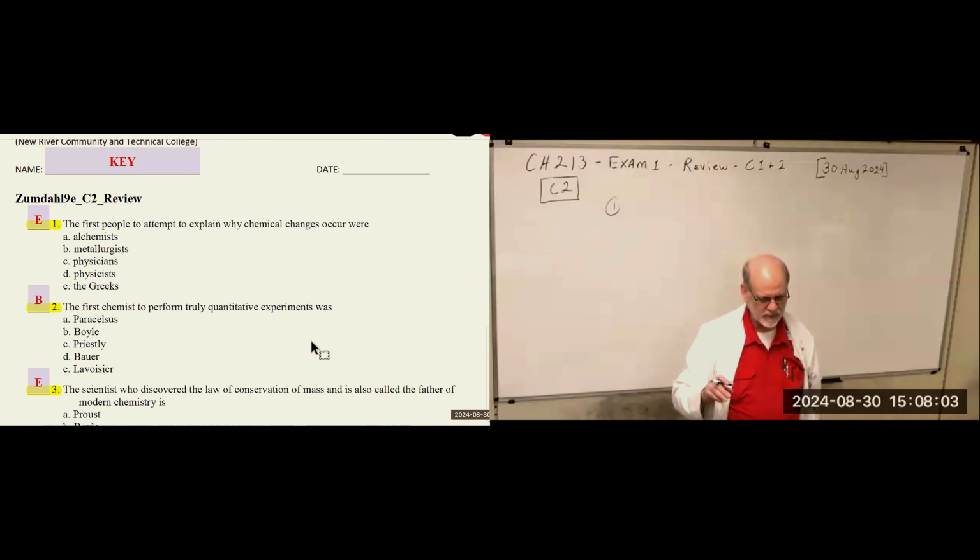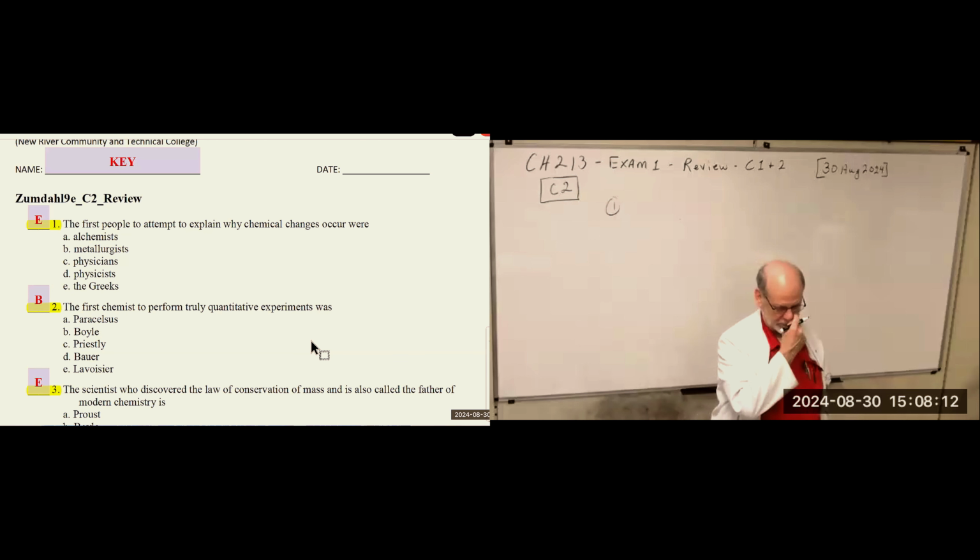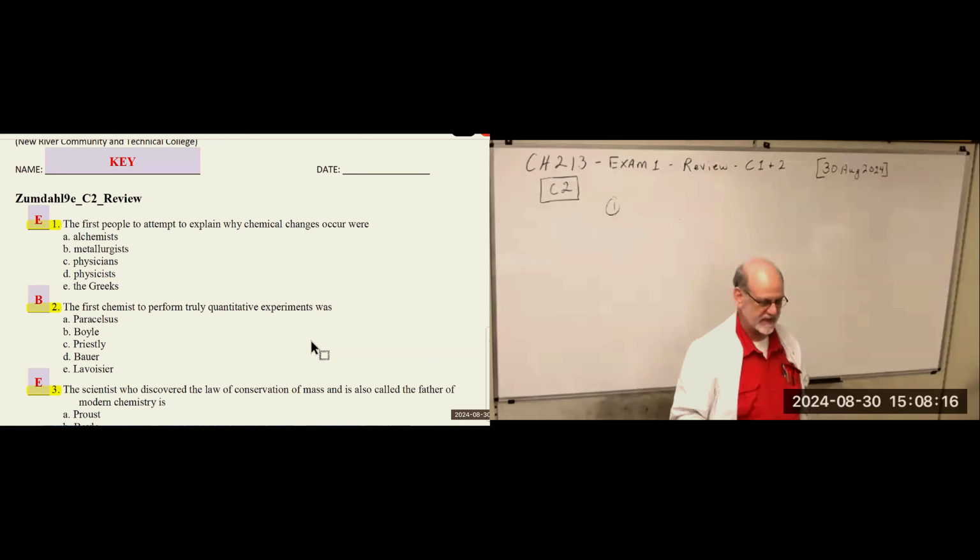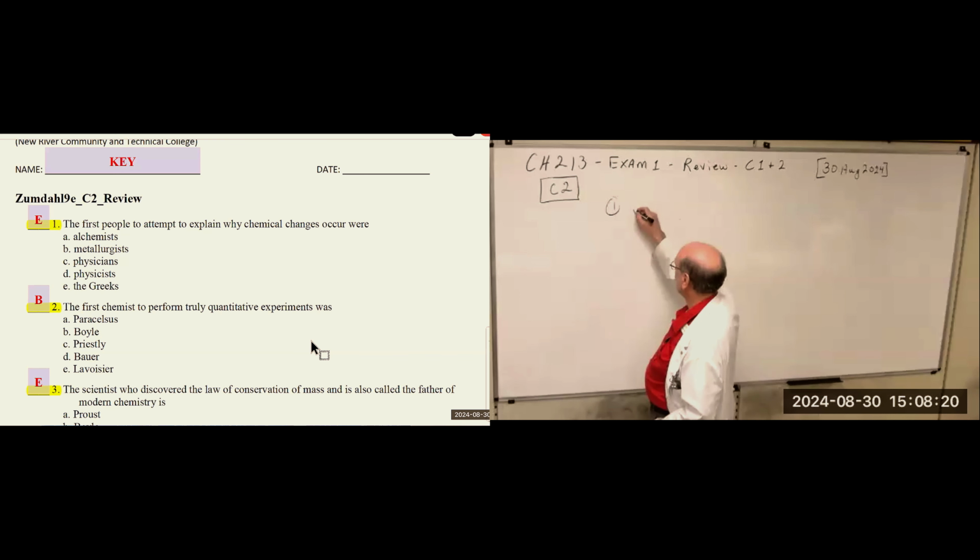But they didn't try to explain why the chemical changes occurred. They were more like cooks, right? They just know you put this together with this together, and you get something. The Greeks actually tried to develop a coherent theory of why things happen. So that's E.